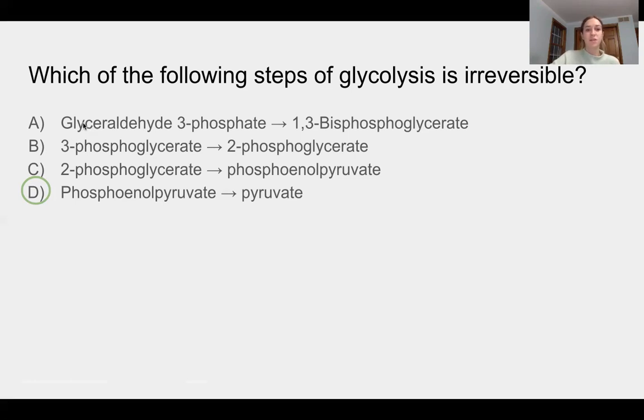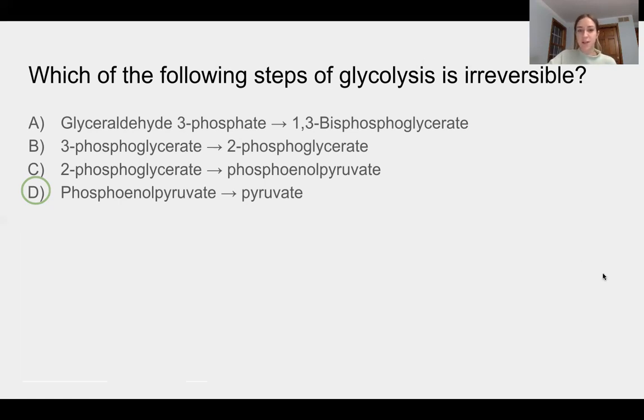And same with this glyceraldehyde 3-phosphate. So that's our GAP. I guess we didn't talk about the next step, but anyways, just trying to recall information whenever you can really helps solidify everything.